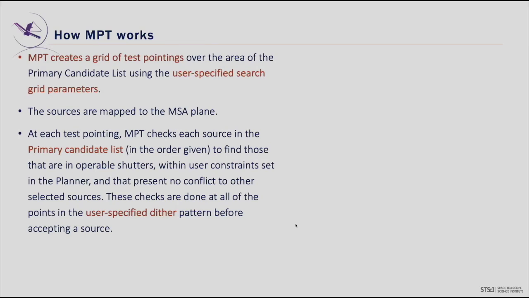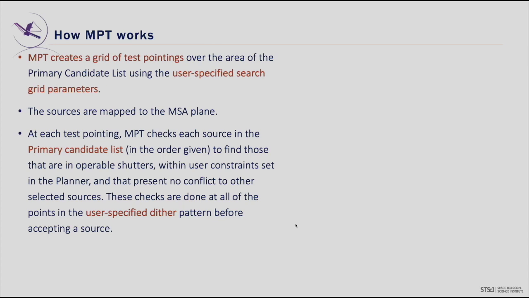At each pointing, NPT then checks each source in the primary candidate list, and it does so in the order that they're listed, which turns out to be important, unless you also select to do shuffling, which we'll talk about later. So what NPT tries to do is place the sources one at a time into the MSA configuration. It checks them at all dither points.